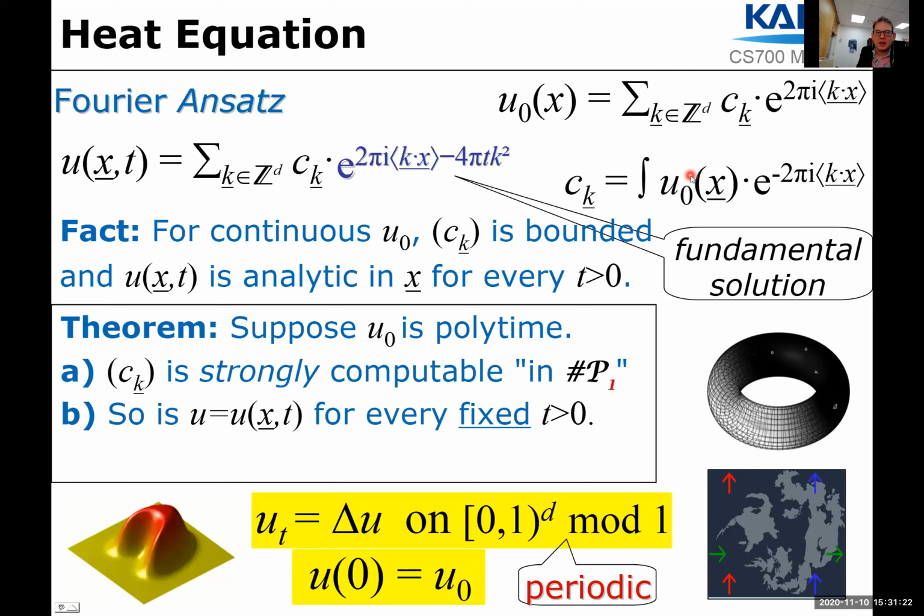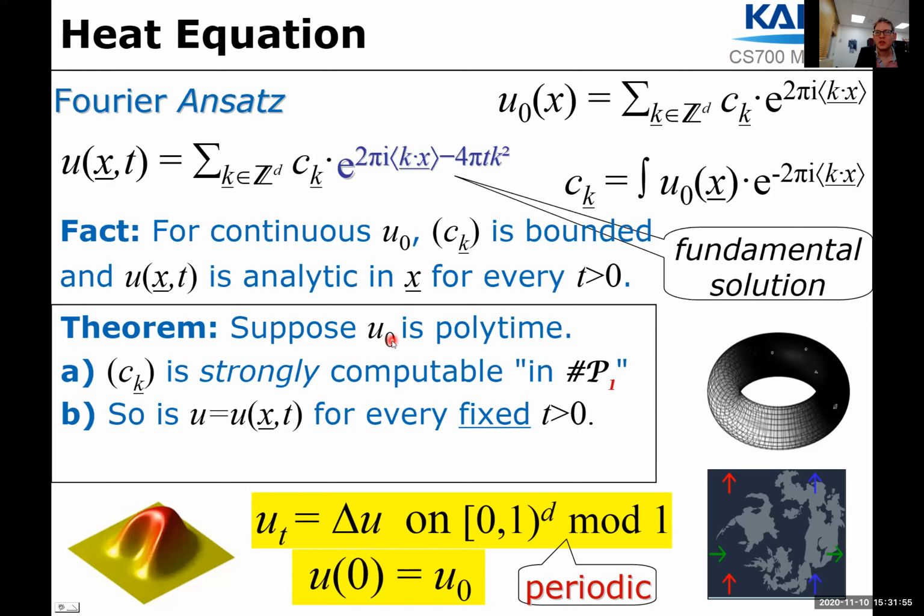The second statement says that under this hypothesis, also the solution is computable in sharp P1 for every positive but fixed time. As the time tends towards 0, of course, the solution is still analytic, but with worse parameters, because as we reach t equals 0, the solution is not analytic anymore.